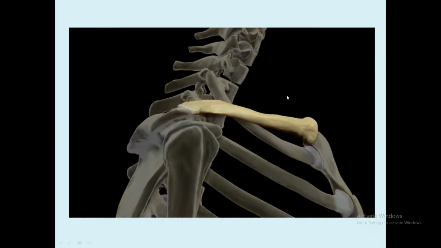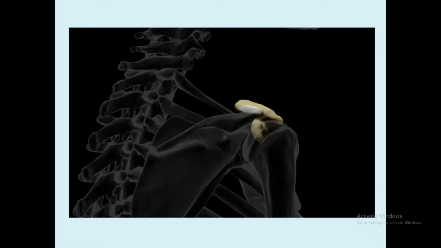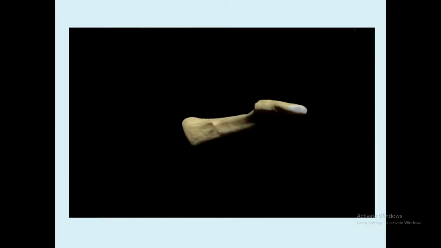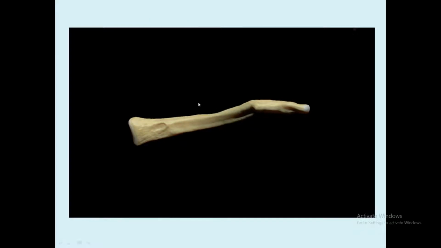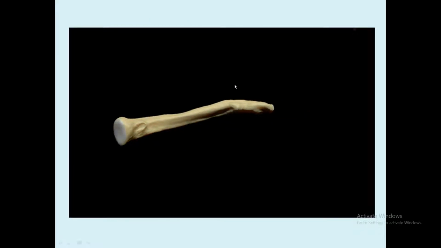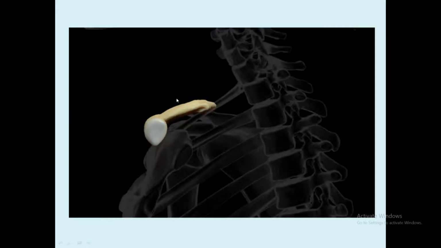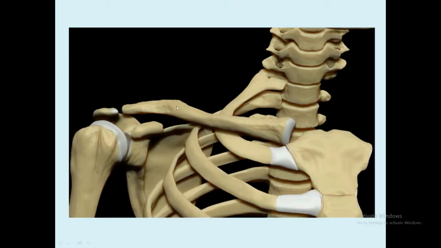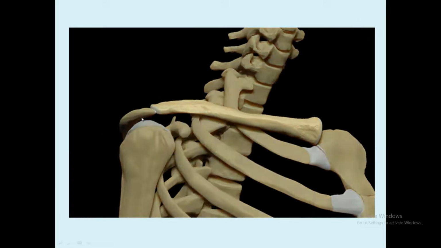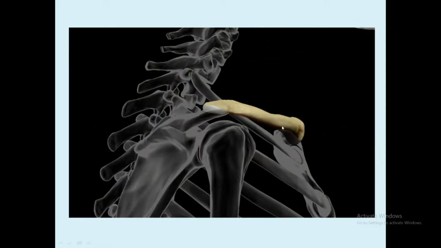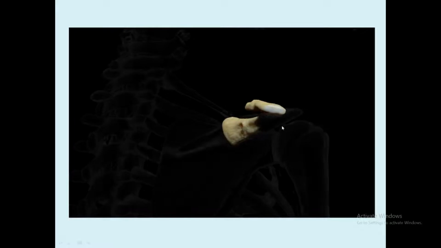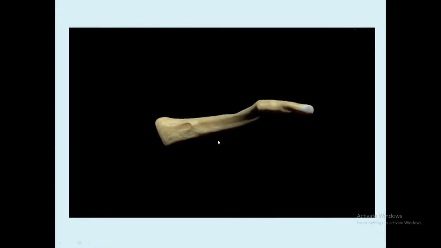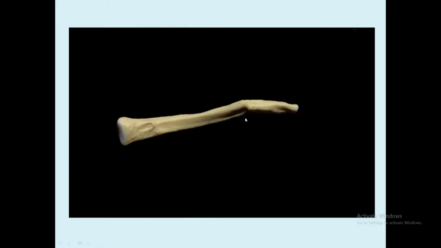So median plane என்றது a median plane is a plane that divides the body into equal right and left half. So lateral end அப்படின்றது it is away from the body and the medial end அப்படின்றது it is towards the median plane, right?